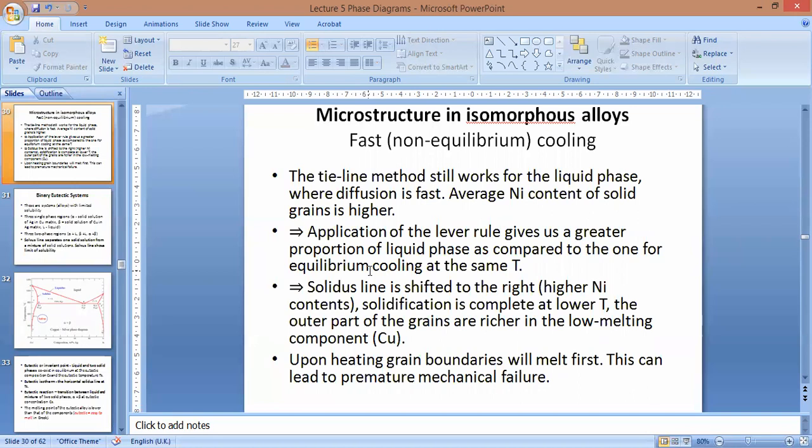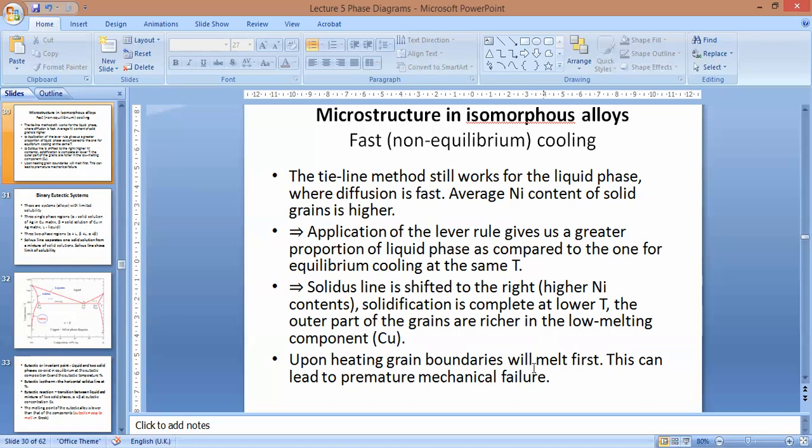Solidification is complete at the lower temperature, and the outer part of the grains are richer in the low melting component, which is copper. Okay, so as you are cooling down, nickel has a higher melting point than copper. So in the case of a solid where you have nickel and copper, as you are cooling, the first solid particles that are formed are usually of the component that has the higher melting point.